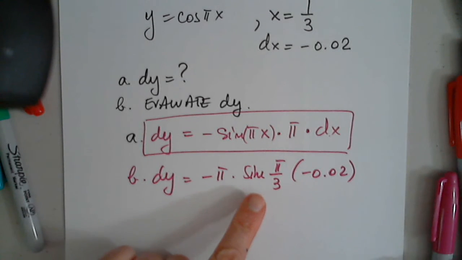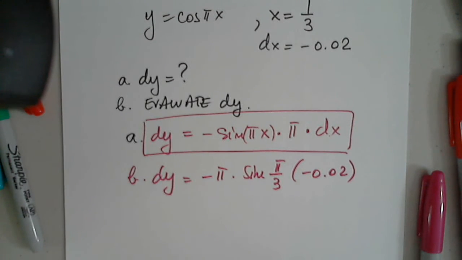Make sure that you have your calculator in radian mode. Let me share my screen again. So make sure in the mode, you always have radians. Be very careful. Okay, it's highlighted. So now I can calculate. There are two negatives, so it's positive. So pi multiplied by sine pi over 3.